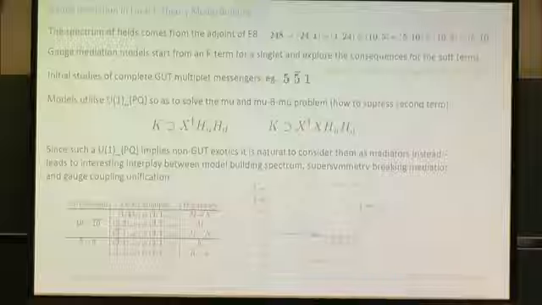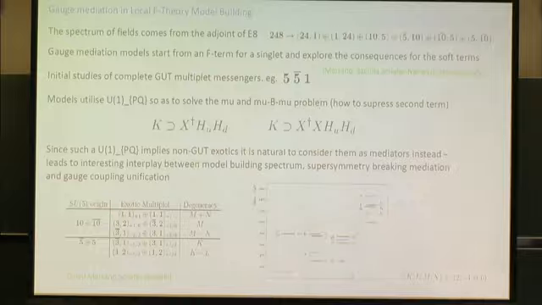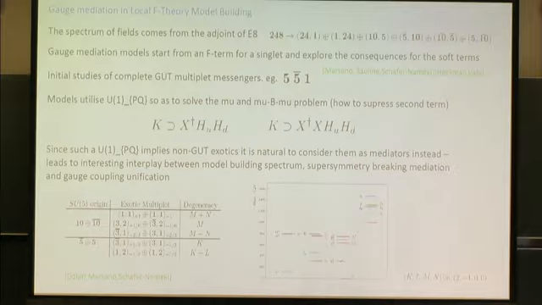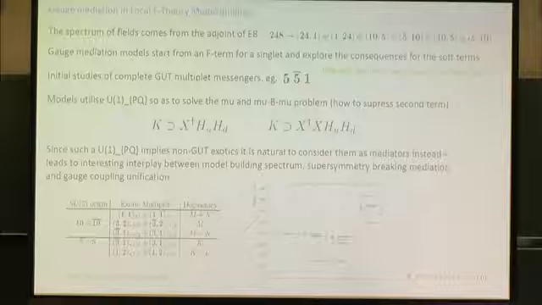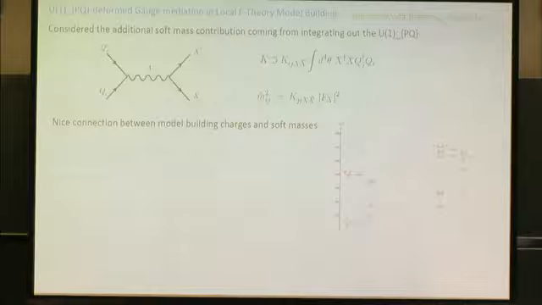For some particular choice of fluxes, you find some particular pattern of soft masses, and if you chose some other fluxes, some other spectrum, you would find some other soft masses. So this is an explicit connection, which I think is something we should strive for in string theory, which connects things like the spectrum of fields to the soft terms.